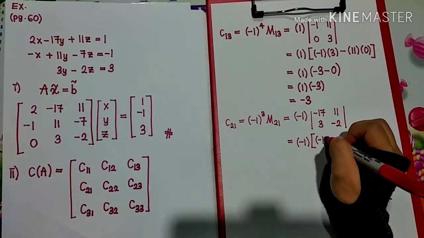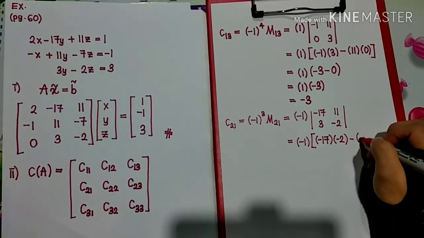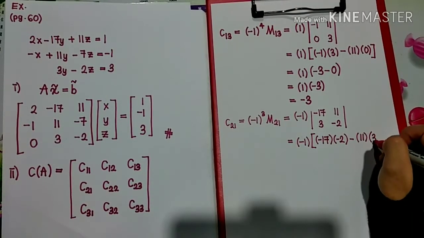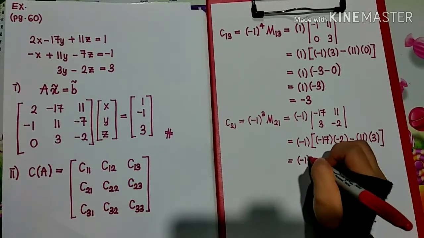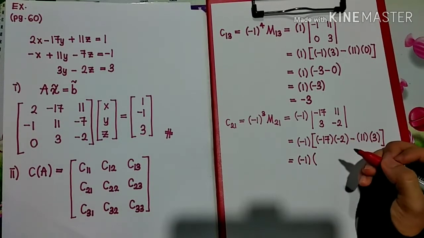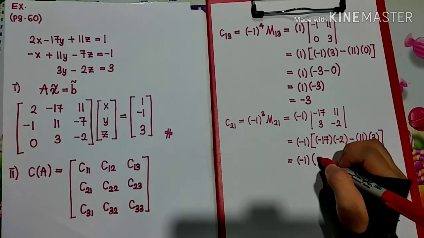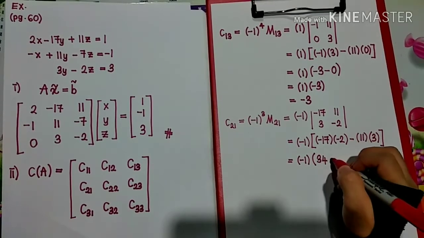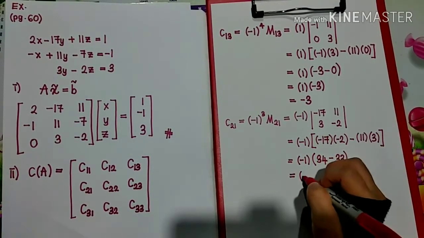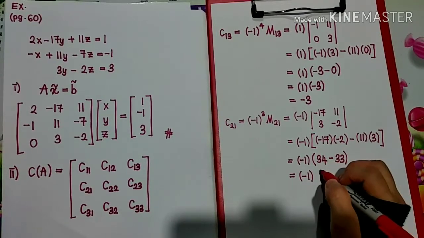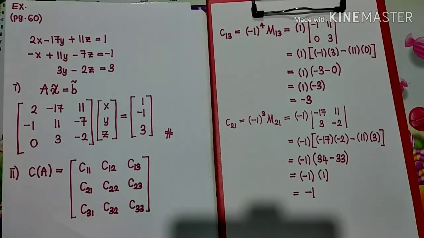So negative 17 multiply with negative 2 minus 11 multiply with 3. So this one will be negative 1. This one will be 17. Negative, negative will be positive. So this one will be 34 minus 33. So this one negative 1. 34 minus 33, you will get 1. So negative 1 multiply with 1, you will get negative 1.